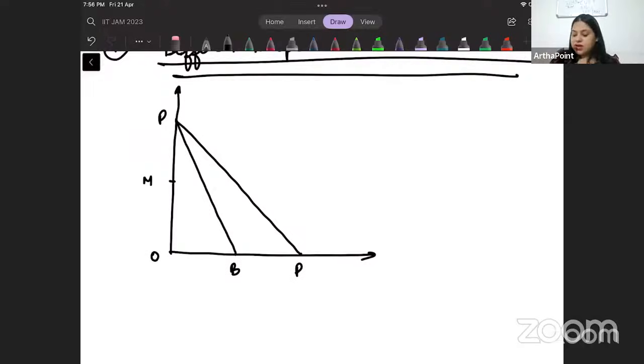Both of these are right angle triangles. The first triangle that I am formulating is triangle AOP. And the second that I am formulating is BOP. Now I am concerned with just one price for now, which is my M. So I'm taking price here and quantity here. ठीक है बेटा?